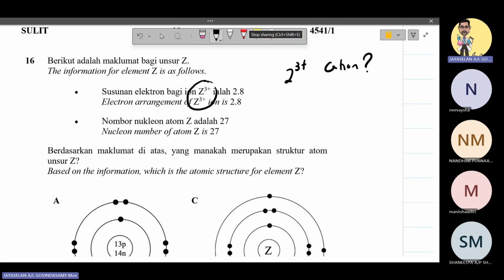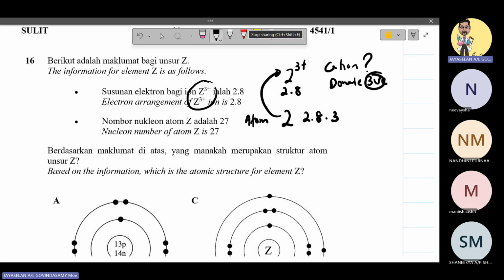How is a cation formed? A cation is formed by donating valence electrons, 3 valence electrons. Now I want you all to put back the atom. They already give you the electron arrangement 2.8. So put back the atom. Draw the atom with 2.8 and put back the 3, then only it donates.